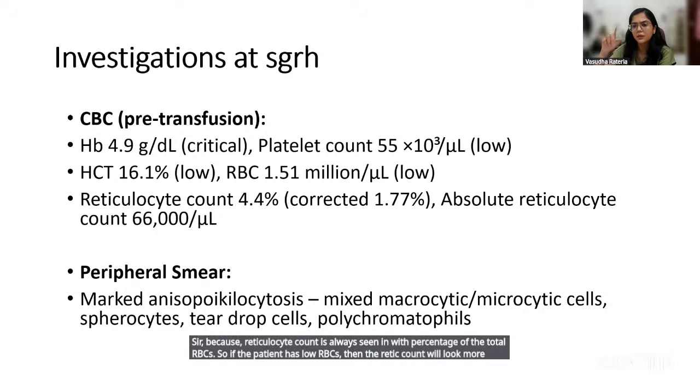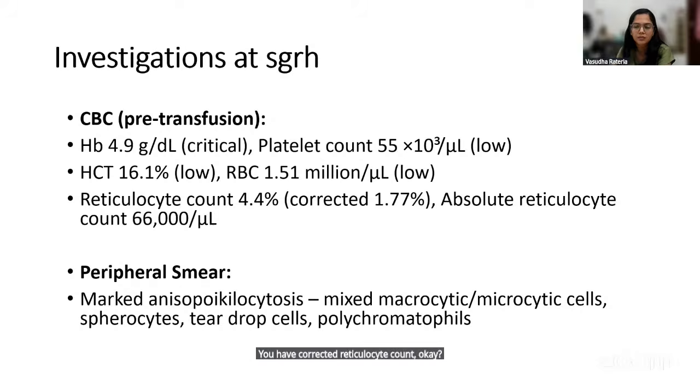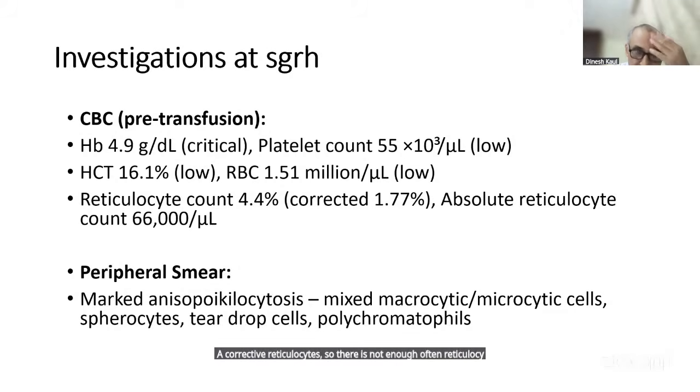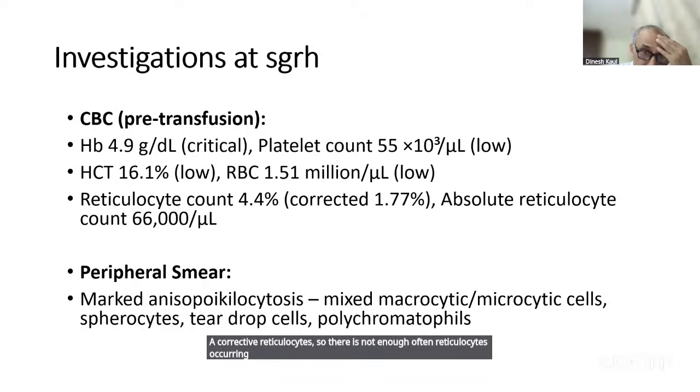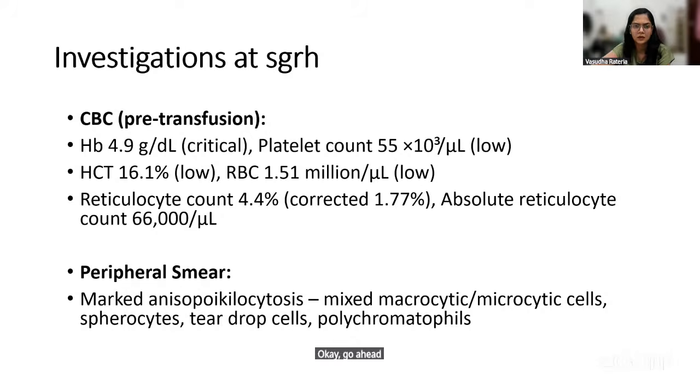That is why we take a corrected reticulocyte count: patient hematocrit divided by normal hematocrit. So there are not enough reticulocytes in the peripheral blood. Once you give them iron, they will start regenerating a lot of reticulocytes. Okay, go ahead.